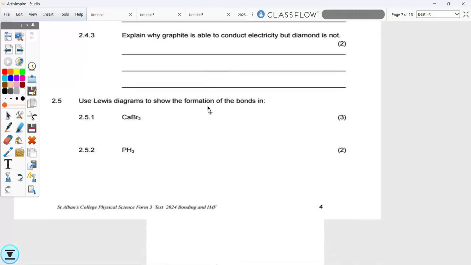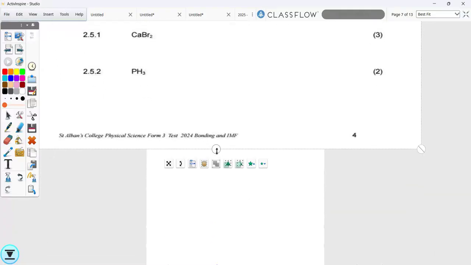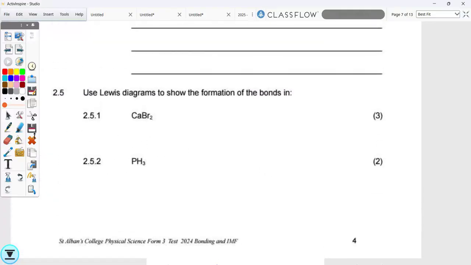Okay, guys, this electricity thing, definitely very important. And you will definitely get this as well. 100%. This will be in your test.